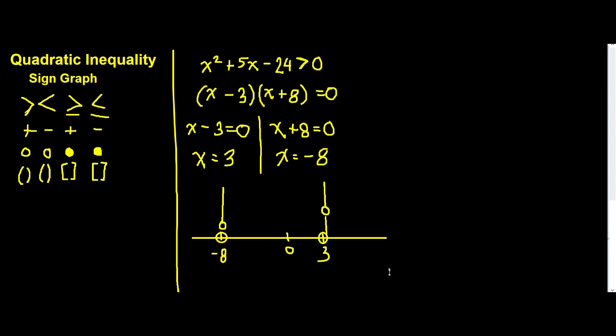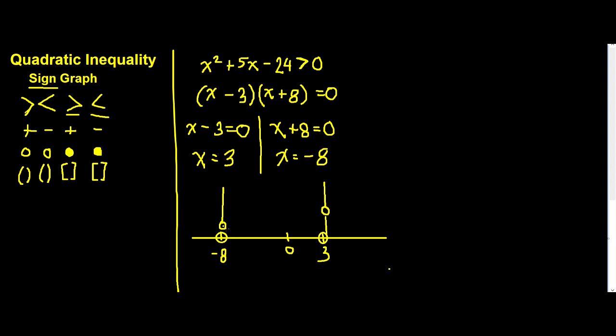Now, what are you going to do? Since the method we use is called a sign graph, it's all about the signs, positive and negative. How do you place the positive and negative signs? The zeros we placed above the critical points will determine where you put the positive and negative.